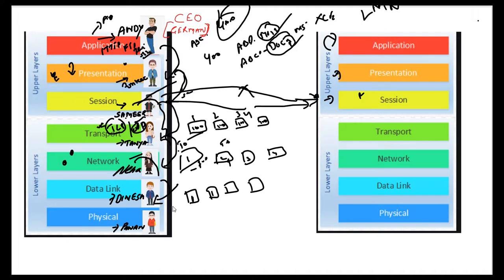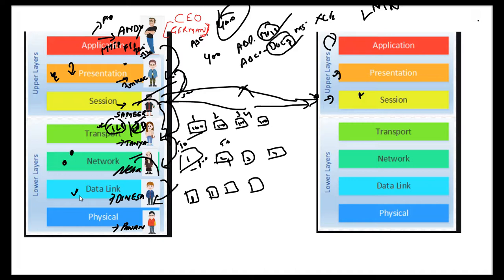The same thing the link layer will do. It will check whether the packet is error free or not. Is there any FCS error, any cyclic error, any kind of error, is the packet corrupt? That is done by the data link layer. And after checking, it will seal the packet with the source and destination MAC address. That is the job of data link.